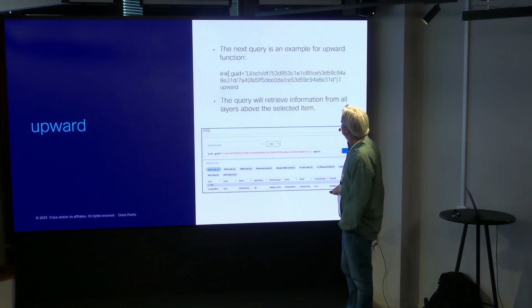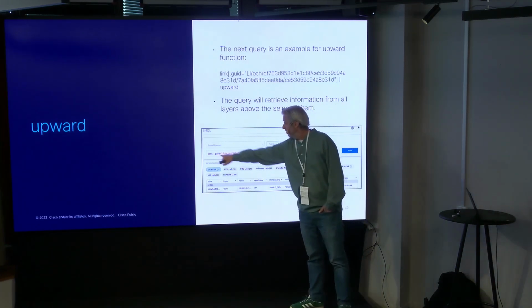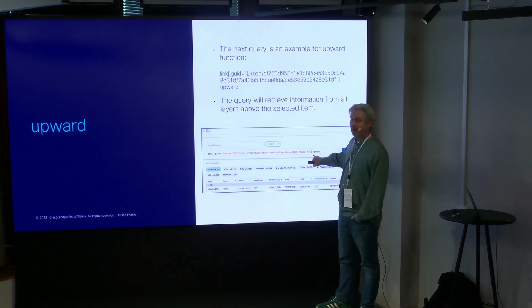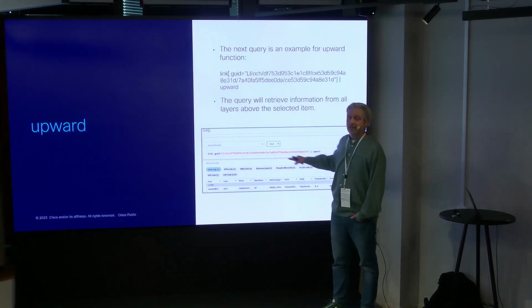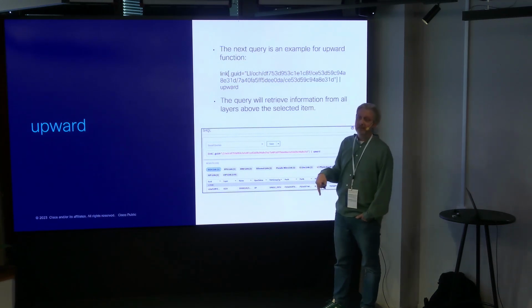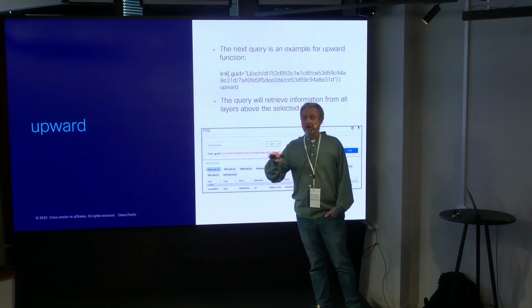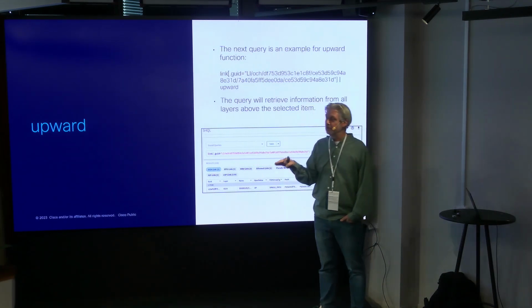Now the same, we can have the upward. I'm starting with a link of OCH. I'm going upward, and I'm getting all the links that are using that OCH link. Okay, so think of all the possible options for you to use it.